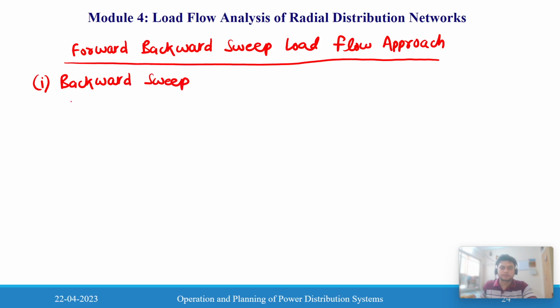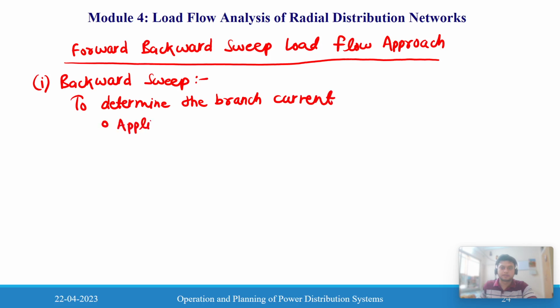In the backward sweep we determine the branch current. To determine the branch current, it is an application of KCL. We find the load current I_Li, and then we find the branch current.